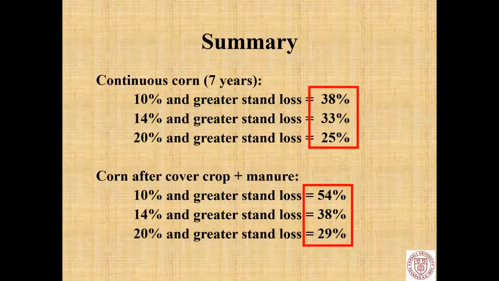So in summary, continuous corn, 38 to 25% stand loss from seed corn maggot without an insecticide. Corn after cover crop plus manure, we're looking at 54% to 29% stand loss from seed corn maggot.